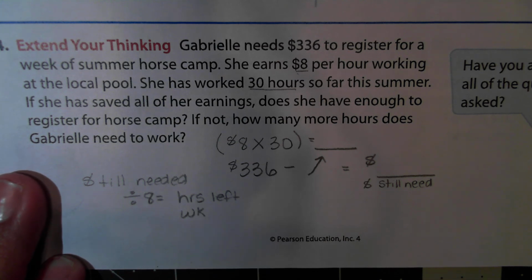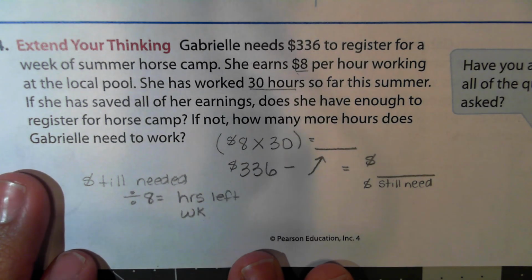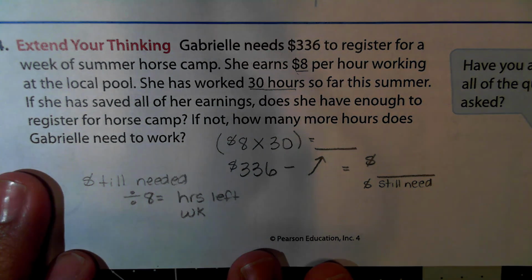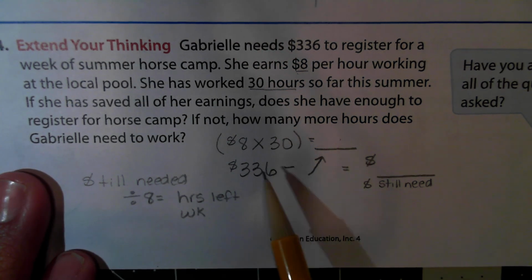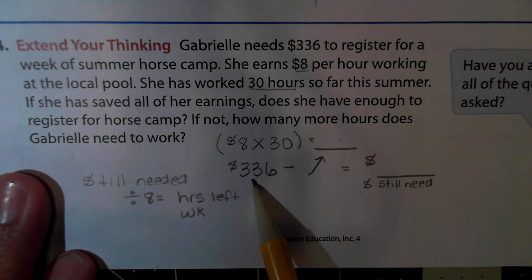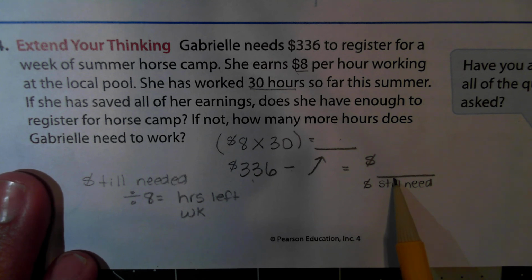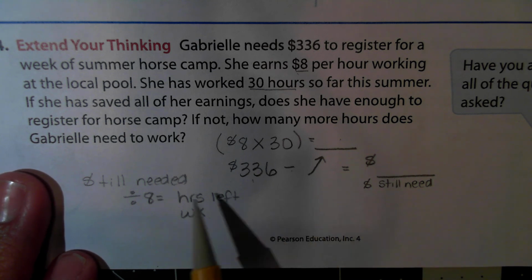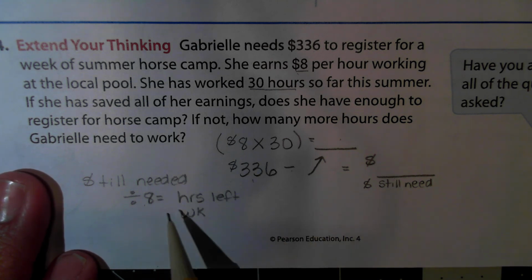Okay, so this is a multi-step problem. So when you get your answer here, subtract that answer from the original 336, which is the cost of the camp. That tells you how much money you still need to earn. And you take that and divide it by 8 to tell you the number of hours that she still has to work. Okay? All right, I hope that was helpful to you.